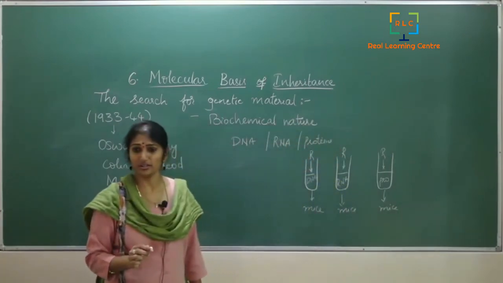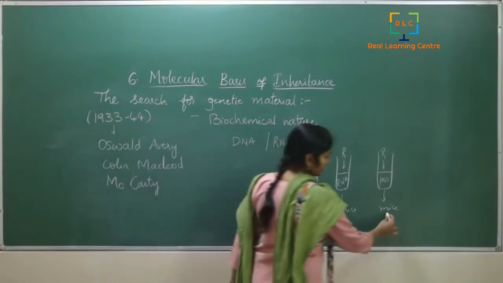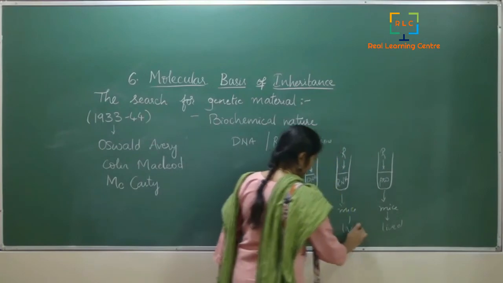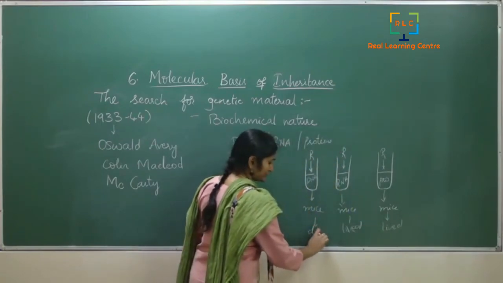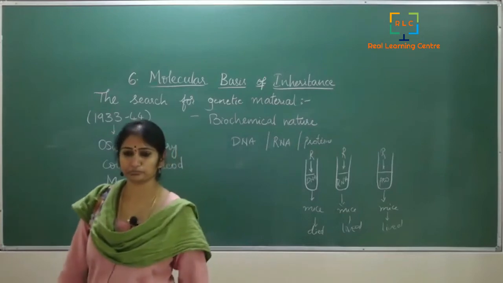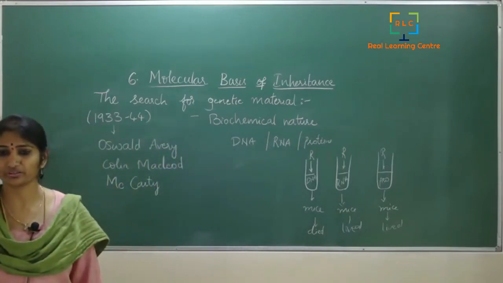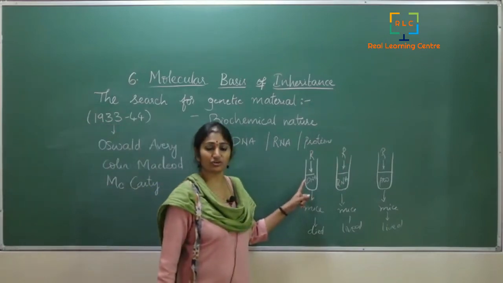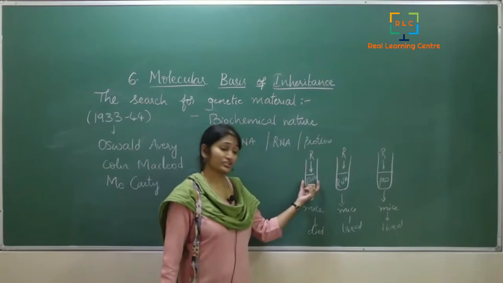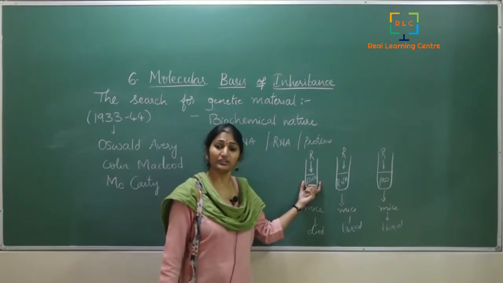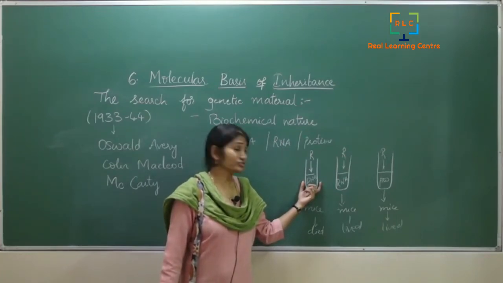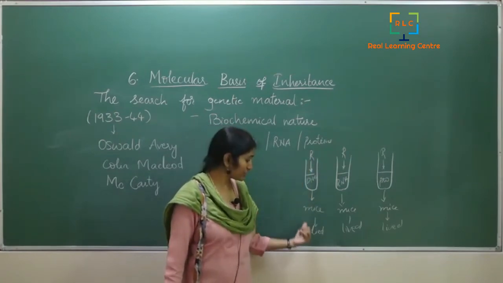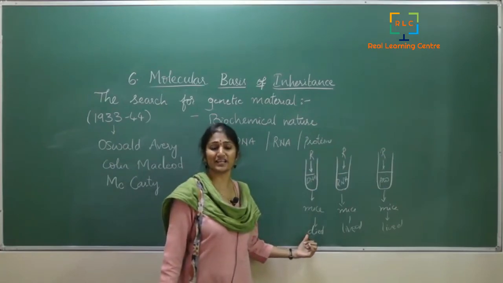and they saw that this mice lived, this also lived, whereas this died because of pneumonia. Why? This is because the DNA which was present in this separated filtrate here was already transforming the R organism, and that caused the mice to get the disease and die.